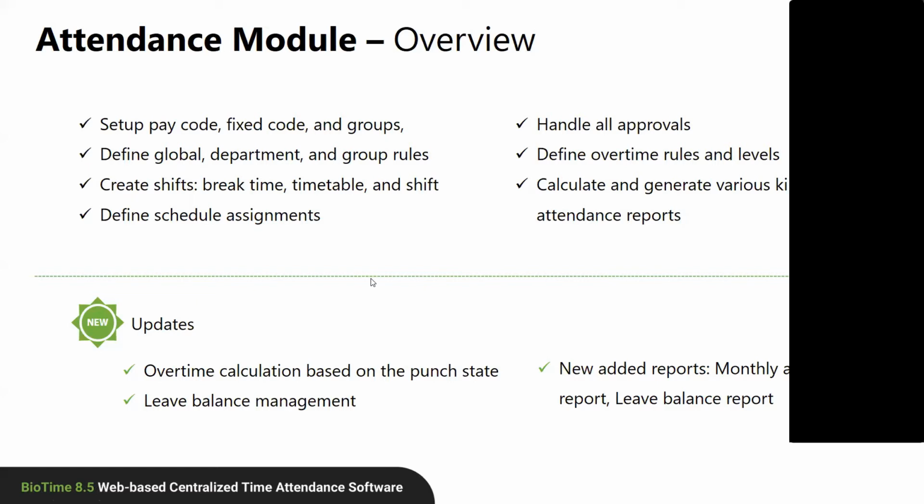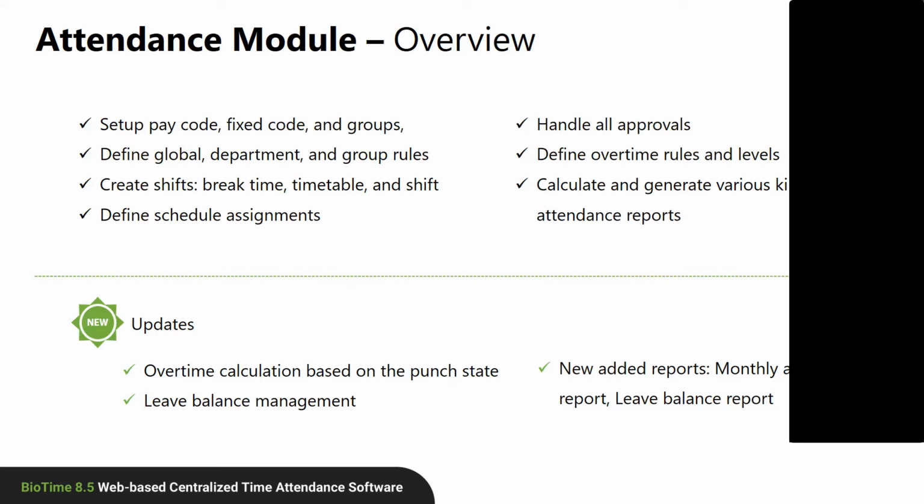Now we'll explain the attendance main module, an overview of how it looks. We have the setup pay code, the fixed code, and the groups. These are the main new options added. Then we have global rule defining, department rule defining, and group rules.